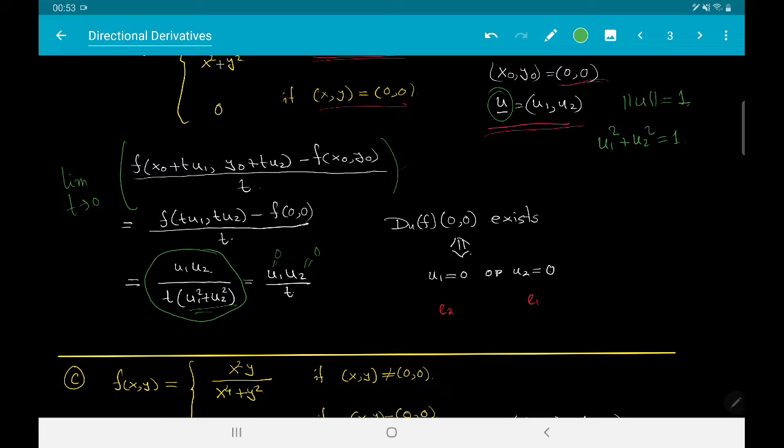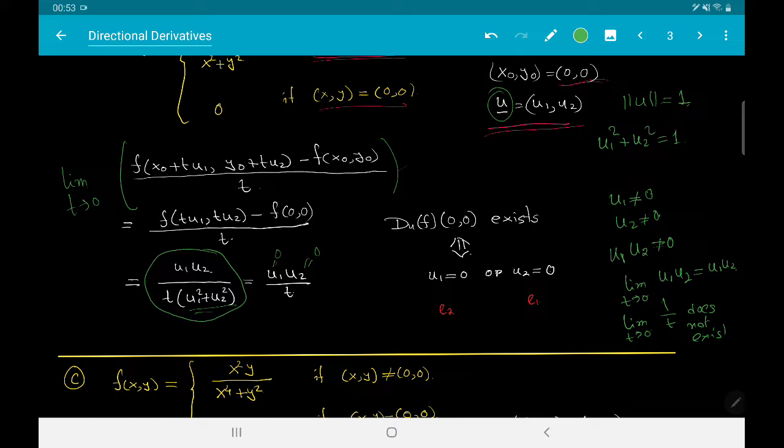Okay, so what happens if u1 is not equal to 0 and u2 is not equal to 0? Then the product u1 u2 is not equal to 0. We also know that the limit as t tends to 0 of u1 u2, a constant function, is u1 u2 itself. But the limit as t tends to 0 of 1 by t does not exist.